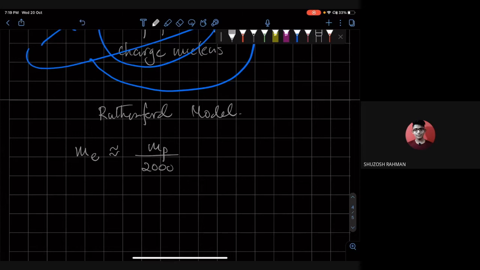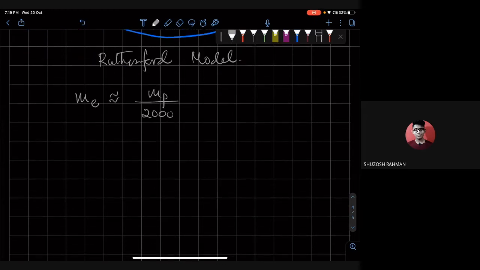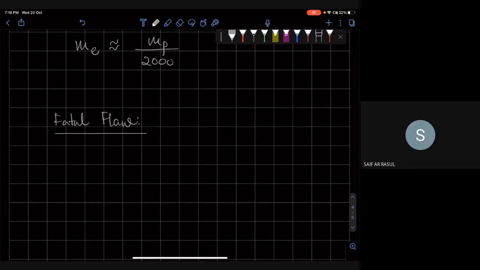And therefore, when it interacts with the electron, there's hardly any deflection. Okay? So this is the Rutherford model, but the Rutherford model has a very, very fatal flaw. Right? Can someone tell me what that flaw is? The electrons would lose energy.